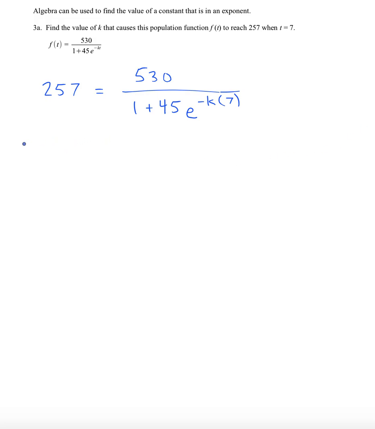All right, so we'll get 257 times (1 plus 45 e to the negative 7k) equals 530. So I'm going to divide here. 1 plus 45 e to the negative 7k equals 530 over 257.